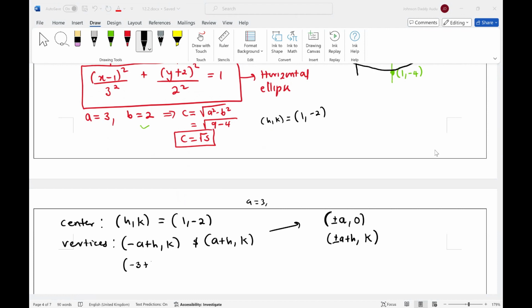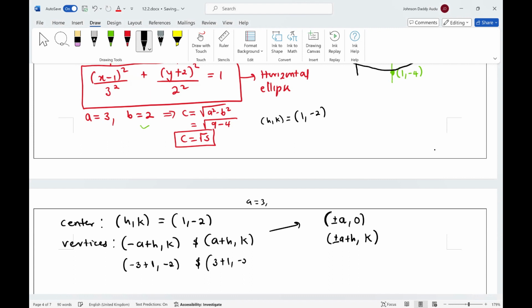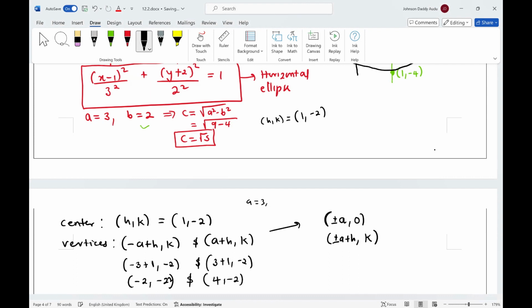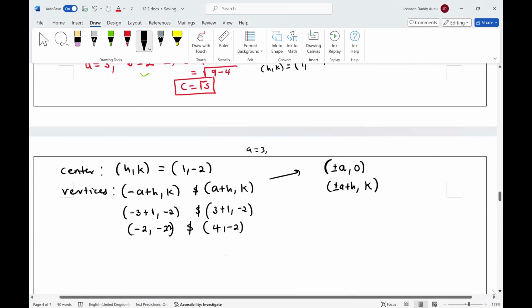All right, our h is 1. So this will be 1 and k is minus 2. And then you do the same. This is going to be 3 plus 1, minus 2. So it means this is going to be minus 2, minus 2. And then what is the second one? The second one is just going to be 4 and minus 2. So these are the 2 vertices.